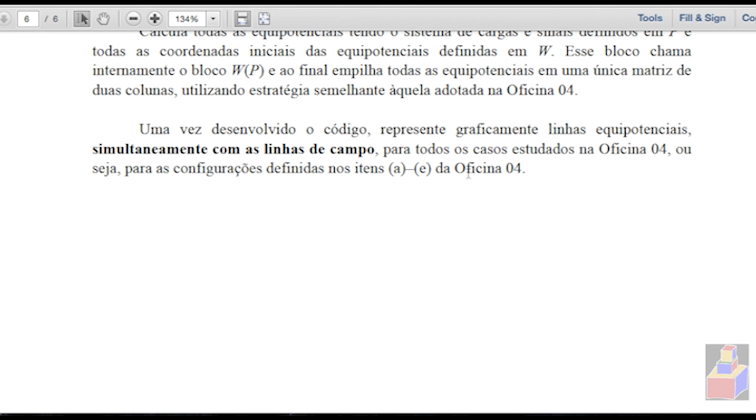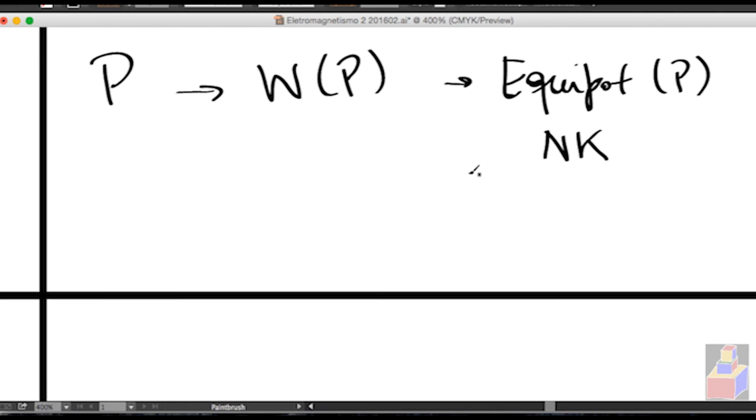Be careful when you make plots in MathCAD. You have to make sure that the space in the vertical direction is exactly the same as in the horizontal direction. Okay? I think I told you this before. You have to scale the plot in such a way that the horizontal size is equal to the vertical size, otherwise you would distort the space.